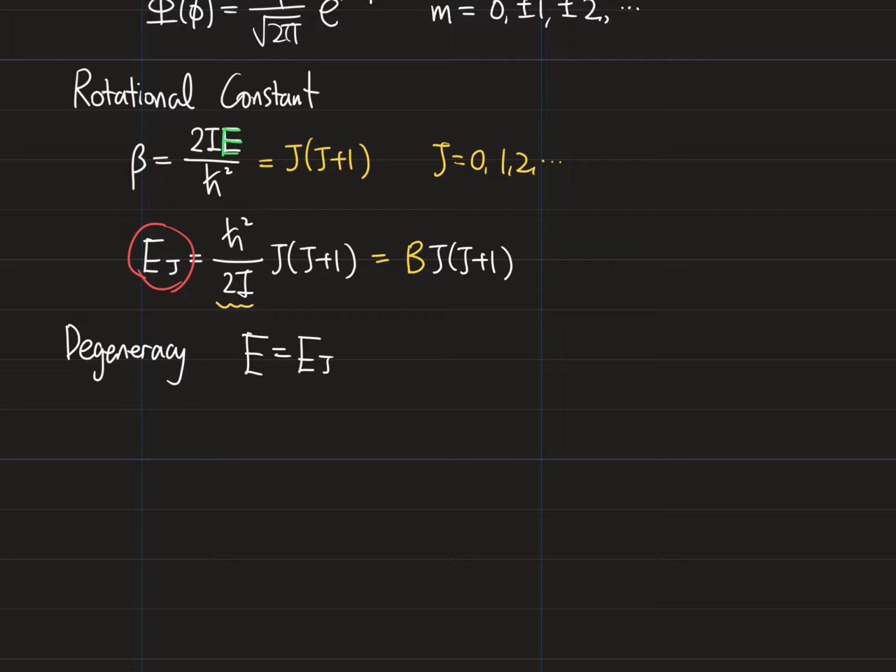And for M, the allowed values are from minus J to plus J. So that means the degeneracy of the J energy level, G_J, should be 2J plus 1.